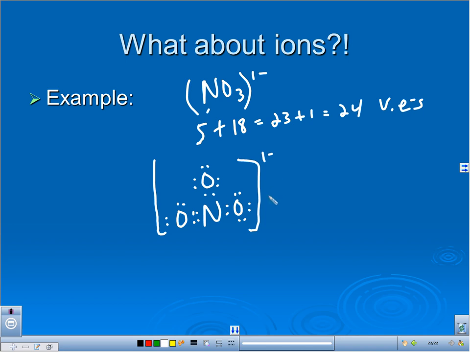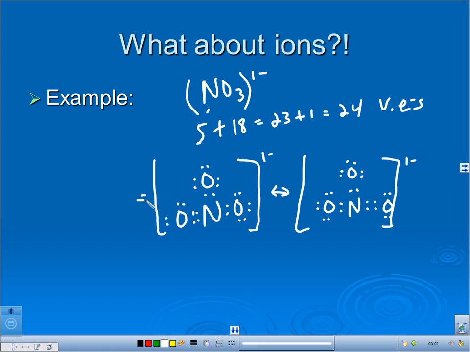Resonance is the idea that there is not just one Lewis structure which defines a molecule or ion, because we just picked that left oxygen to get the double bond. In reality, it could be the right oxygen, like I am showing here. Right? So that is another valid Lewis structure.